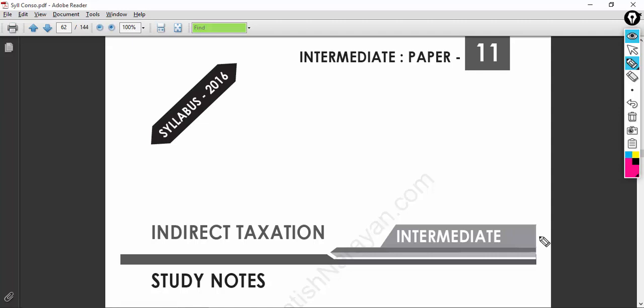Previously we had VAT, CST and different taxes, but now it has been condensed into a simple tax known as one nation one tax, that is the GST. So GST is an important aspect in the indirect taxation structure, and the customs laws are given minimal importance in the CMA paper 11 subject.